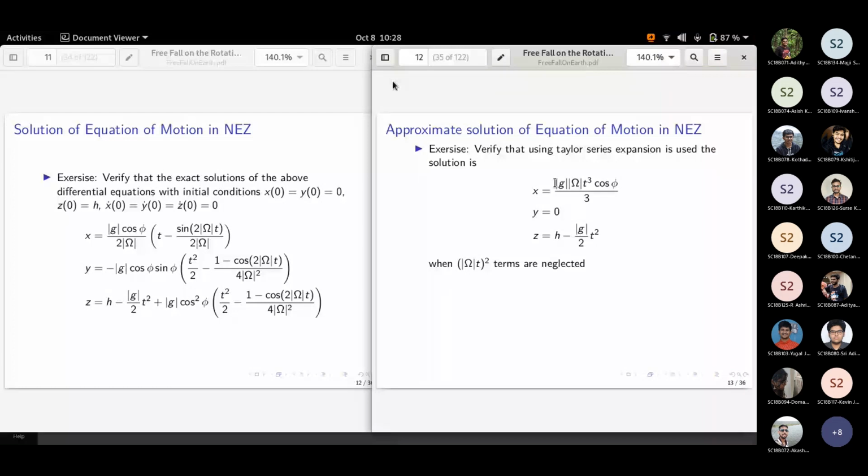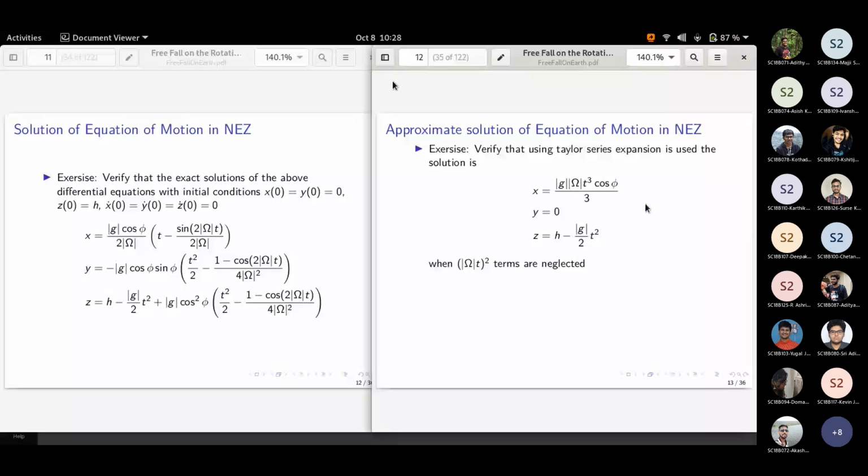Depending on the latitude, if the latitude is 0, this quantity is maximum. The eastward drift will be maximum, because time is positive, modulus of omega, modulus g. So will this be eastward drift or west drift? Can one of you tell? The quantity is positive. Therefore, it's an eastward drift.